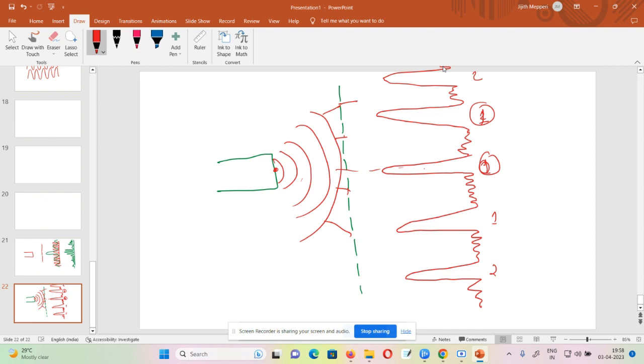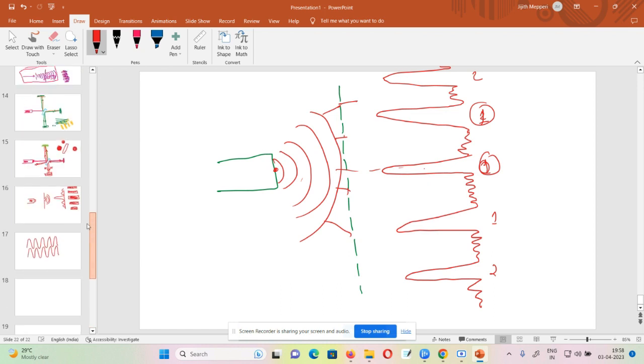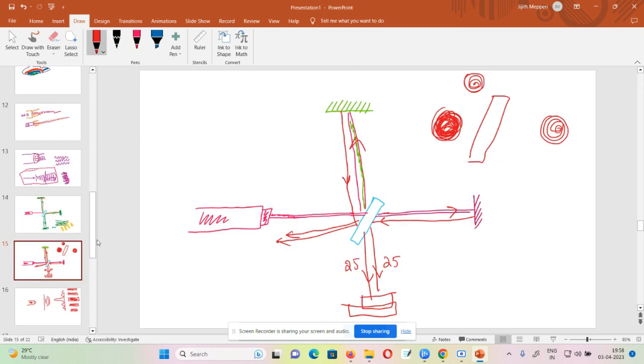What kind of coherence is this? This is not temporal coherence. This is spatial coherence. So in the case of your grating, the nice pattern you are seeing is an effect of spatial coherence. In the case of a Michelson interferometer, you can vary the path length.